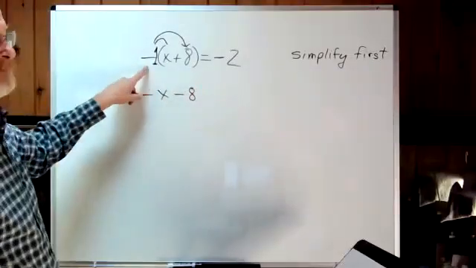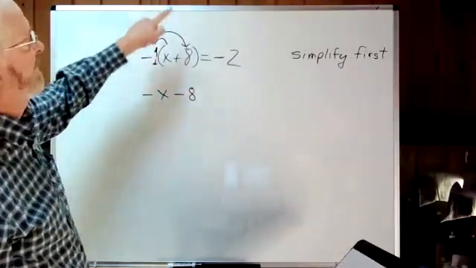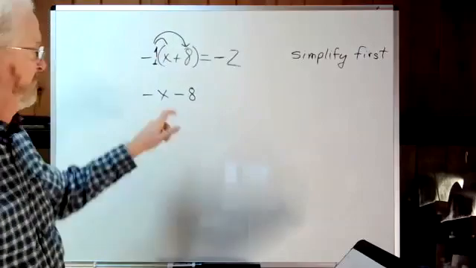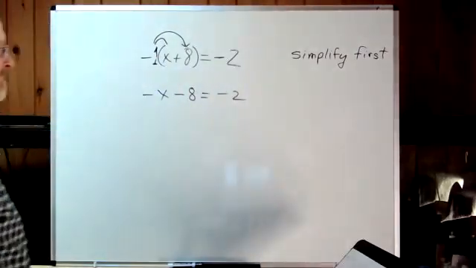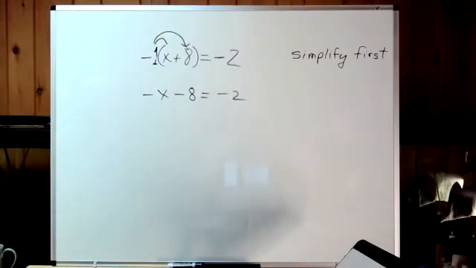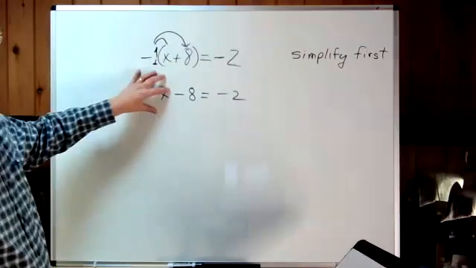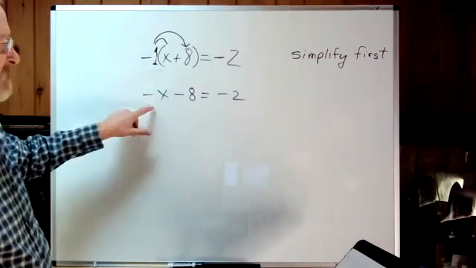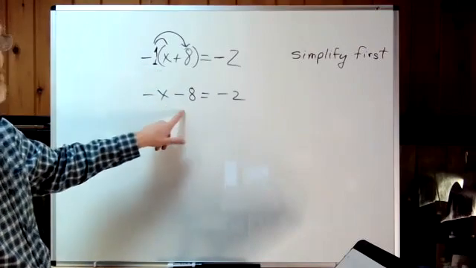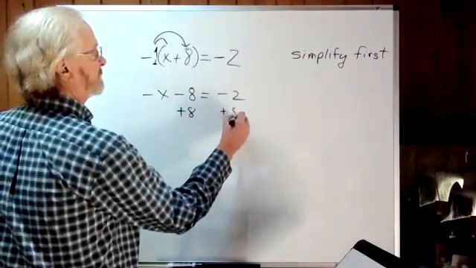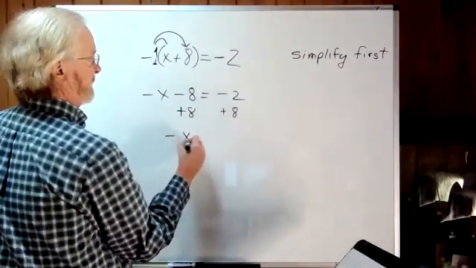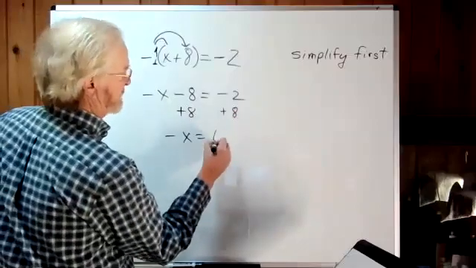That's the place people make mistakes, is not putting the negative on the second term also. And -2. Now, I'm going to leave the x's over here because that's where they are, even though it's a negative. And I'm going to add 8 to both sides. I'll get -x is +6.